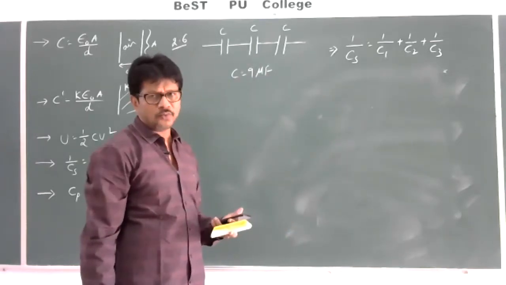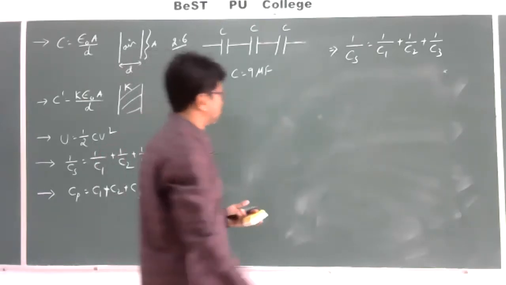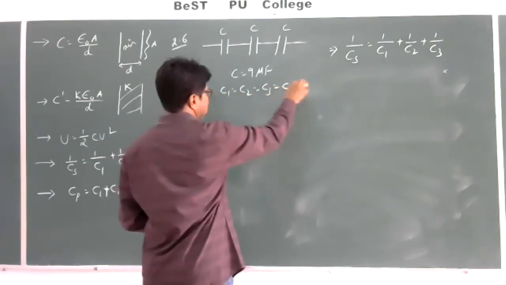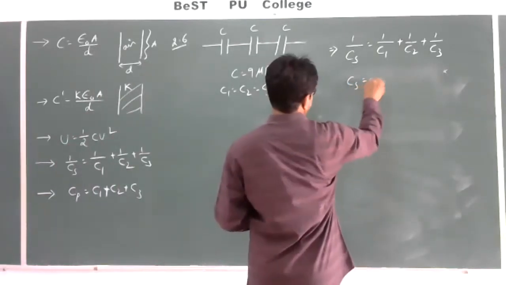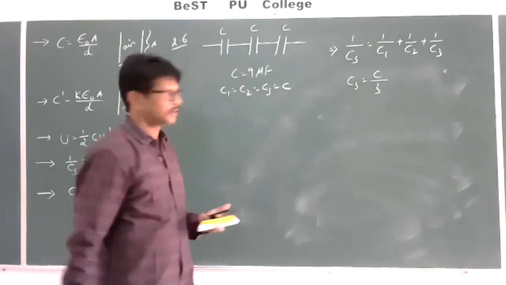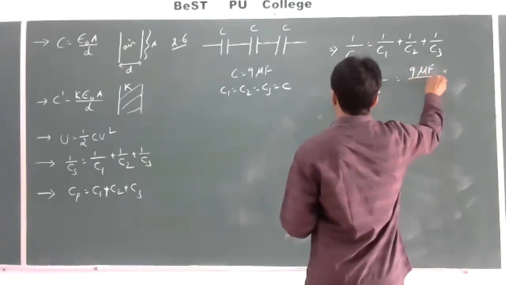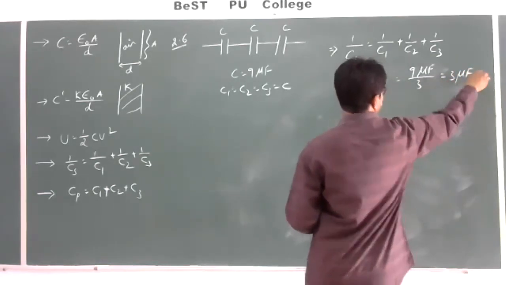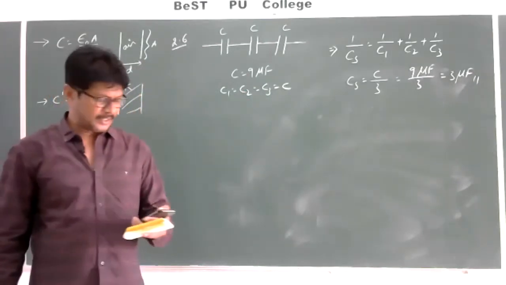As we know, C1 is equal to C2 is equal to C3 is equal to C. If we simplify further, we get Cs is equal to C by 3, where C is equal to 9 microfarad, divided by 3, which is equal to 3 microfarad, the effective capacitance.